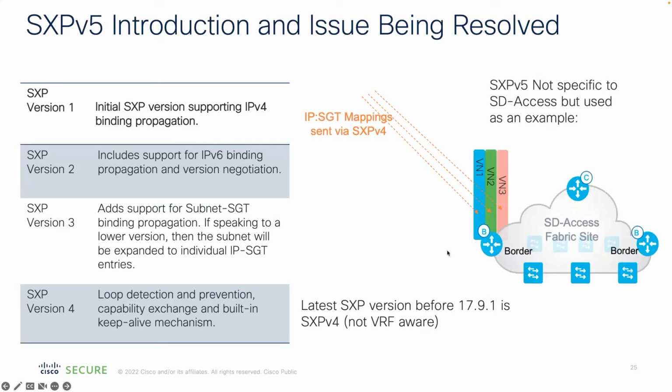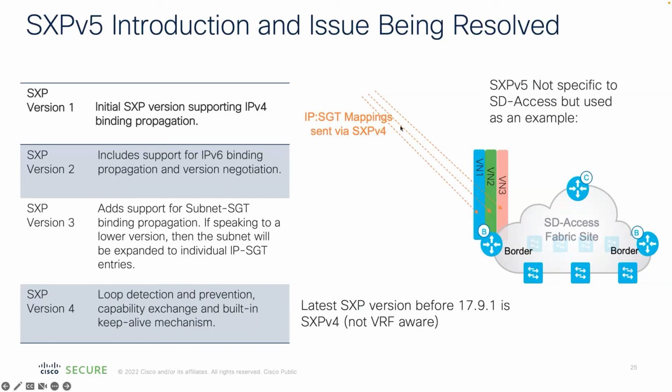Now, what is the use case? You don't use purely SXPv5 for SD-Access, but it's just a nice visual example. The pain we need to go through with SD-Access is that generally you have a certain number of virtual networks, meaning certain VRFs, on the border.